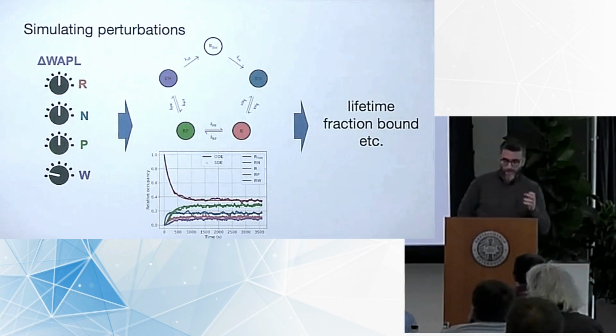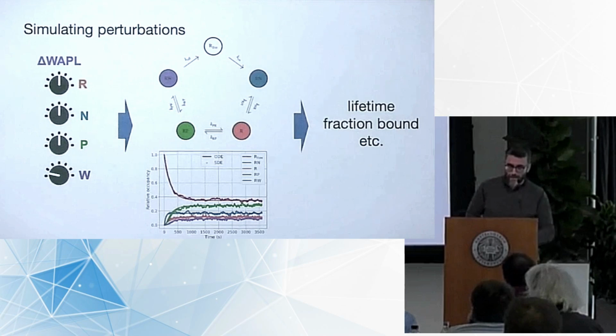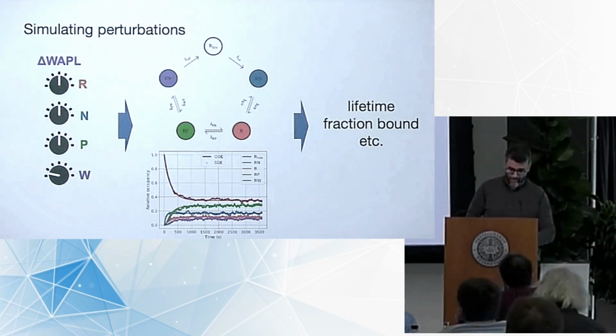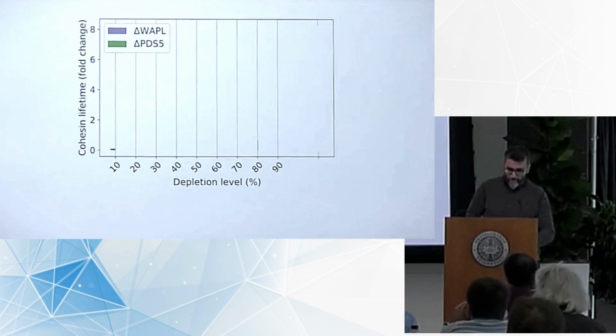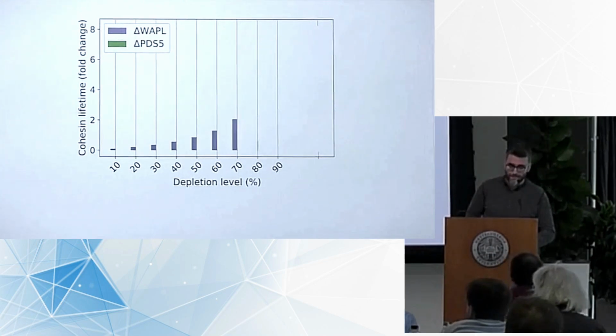So what about perturbations? Perturbations in this model are straightforward. We just input whatever change to the wild type abundances, turn a knob, simulating WAPL RNAi, run the stochastic simulations, extract lifetimes, bound fractions, etc., compare to the wild type values. This plot shows the fold increase for a lifetime as a function of depletion level on the x-axis. First for WAPL, it goes up.